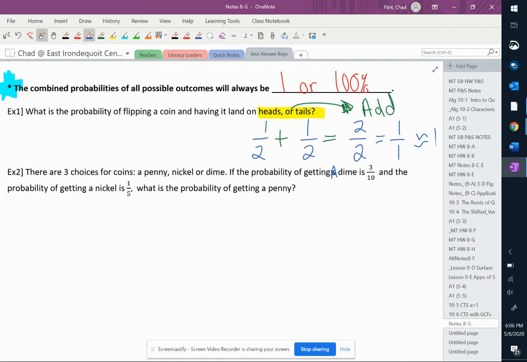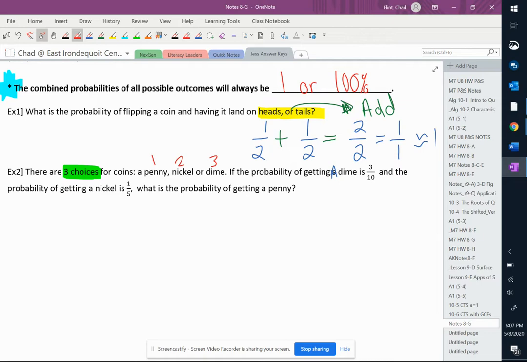So we know that there are how many total outcomes, or how many total choices? That would be 3. I'm either getting a penny, a nickel, or a dime. So I know from what we learned in that blue star up above that the combined probabilities of all possible outcomes will always be 1 or 100%.